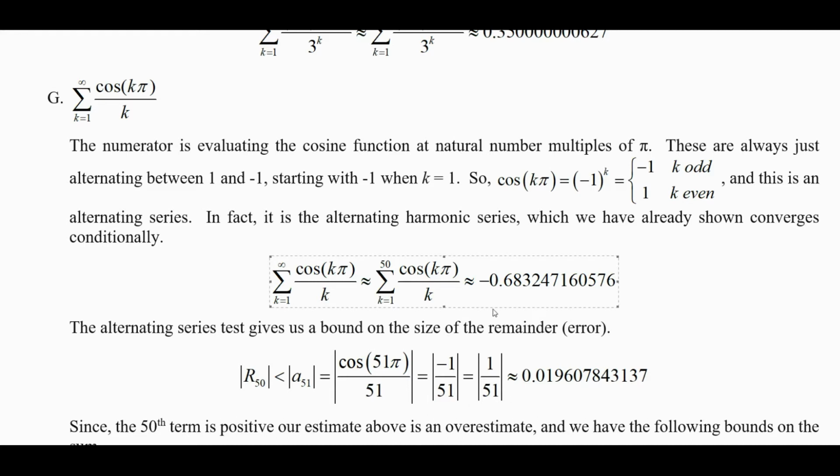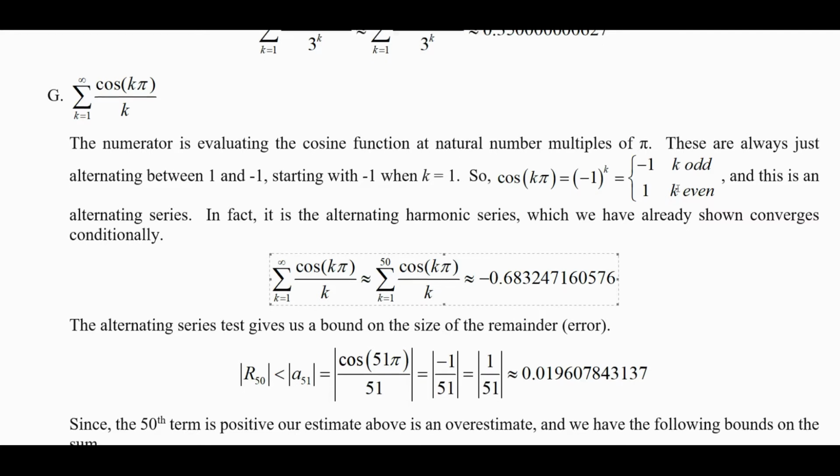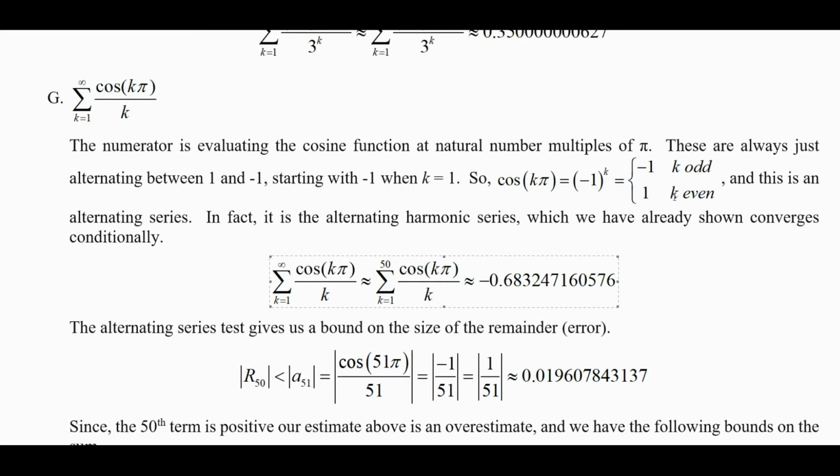So the 50th term is actually a positive term, since k is even. So our estimate will be an overestimate. It'll be over the limit, and then it could go down by no more than this.